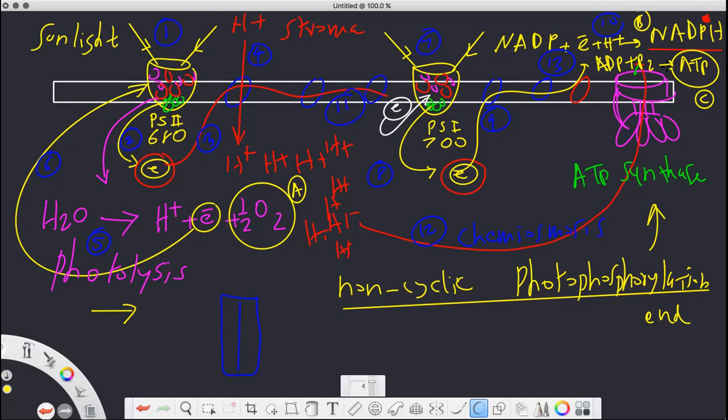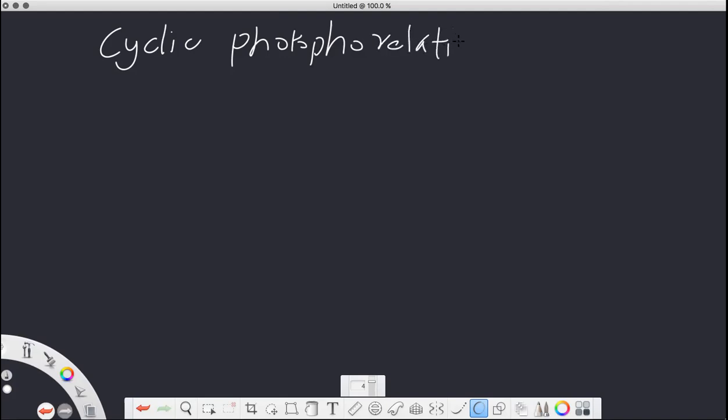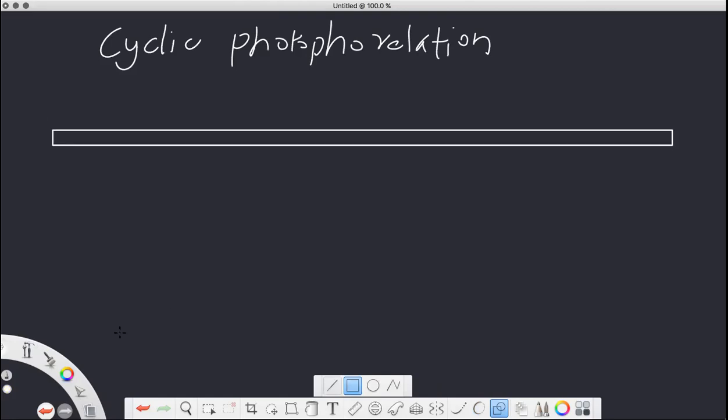Okay, let's see then cyclic photophosphorylation. Well, I'm going to add the same thing again very quickly.